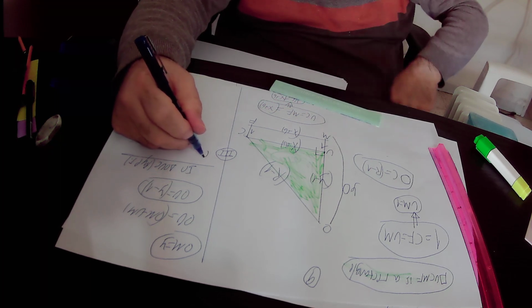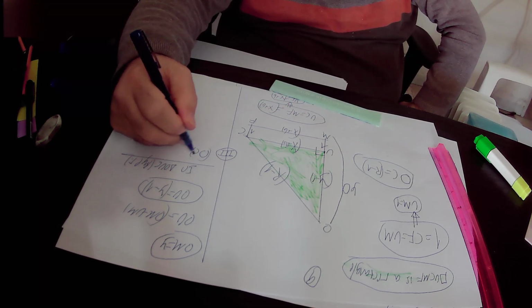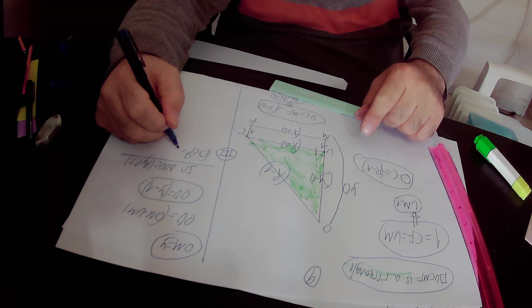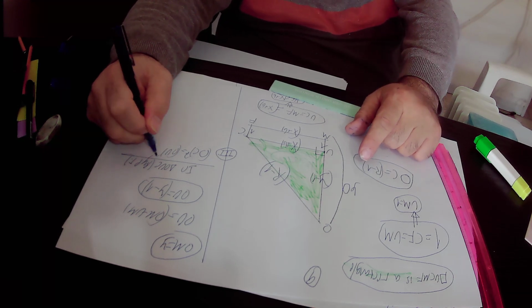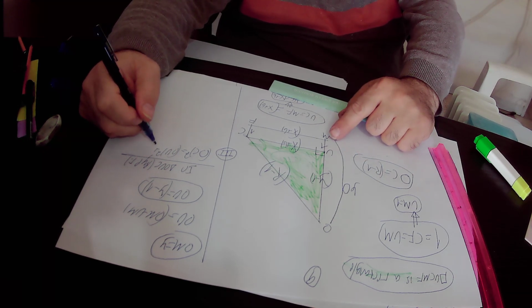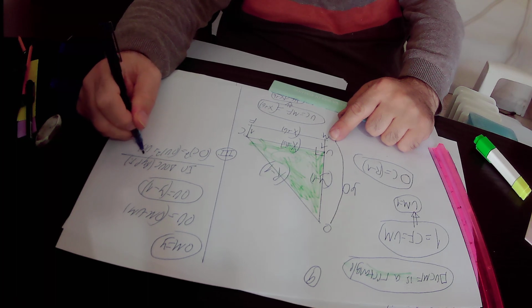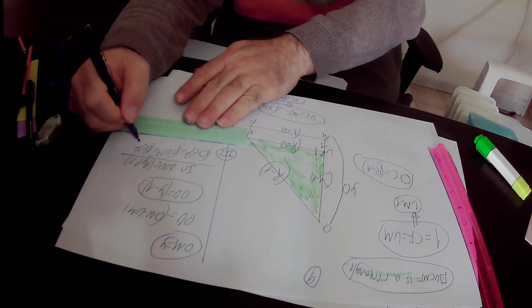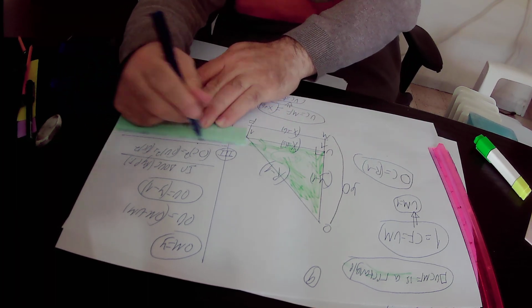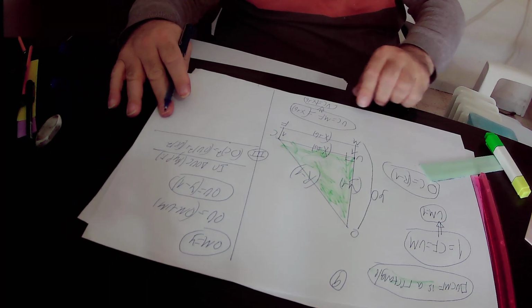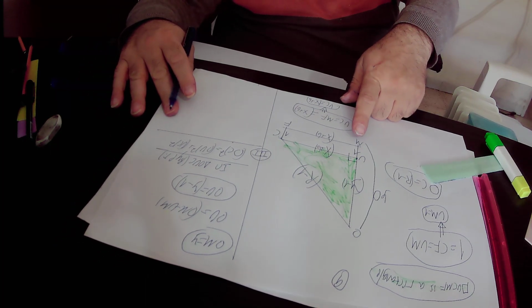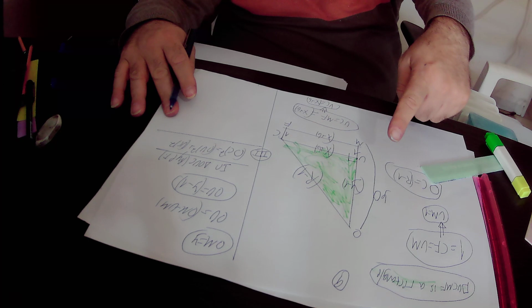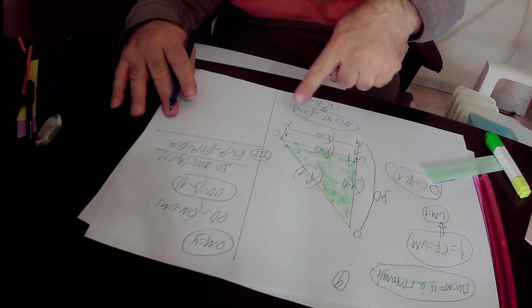That is to say, OC squared will be equal to OU squared plus UC squared.